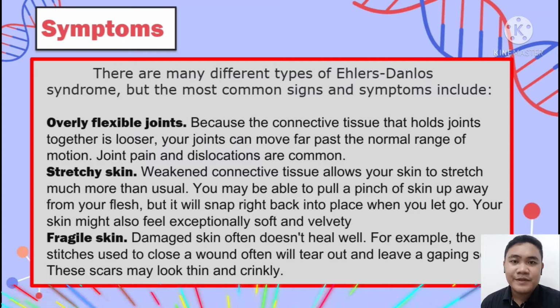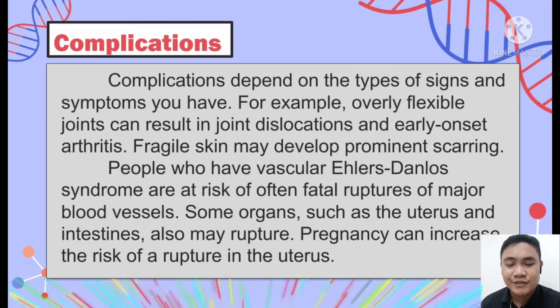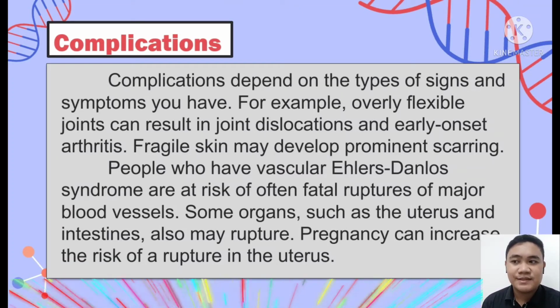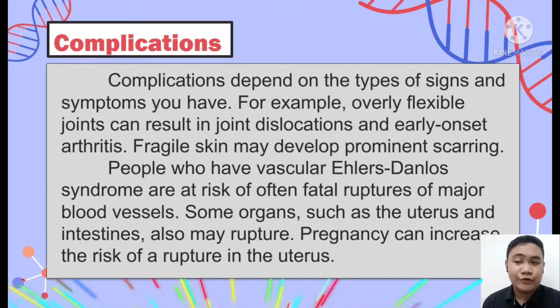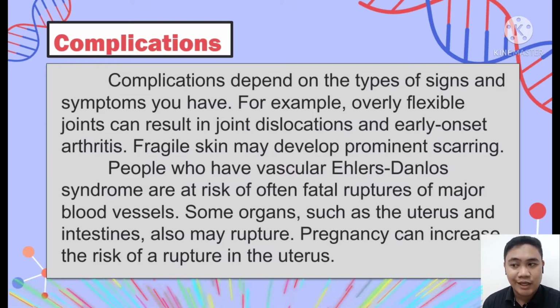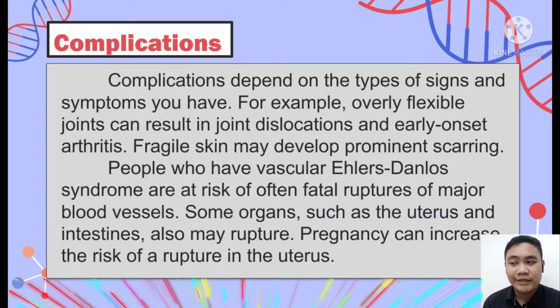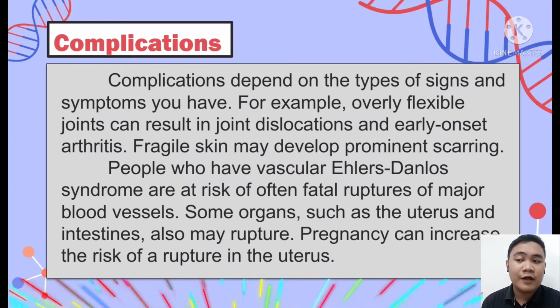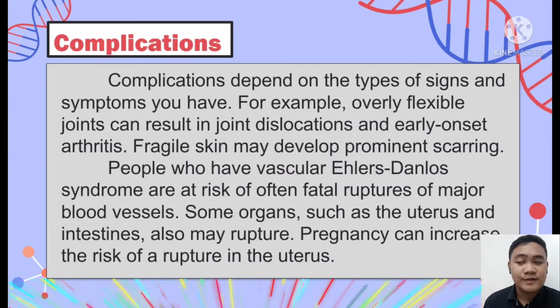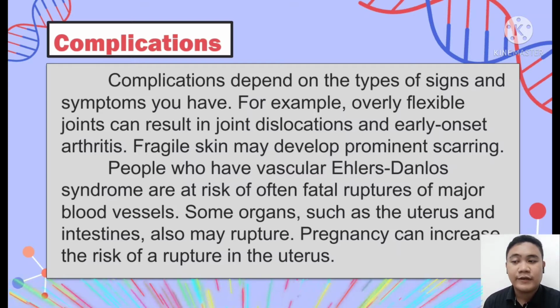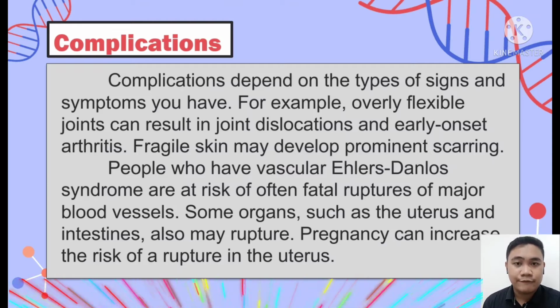Aside from these symptoms, we also have to include in our understanding its complications. Complications depend on the types of signs and symptoms you have. For example, overly flexible joints can result in joint dislocations and early onset arthritis, or fragile skin may develop prominent scarring. People who have vascular Ehlers-Danlos syndrome are at risk of often fatal ruptures of major blood vessels.